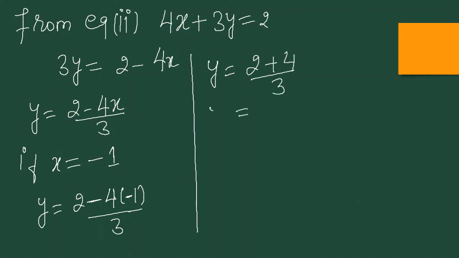So here you will find y is equal to 6 upon 3, that means 2. So what we got? We got the same here. I think you are noting down the previous equation. Here there were also the same values. For minus 1 we got 2.